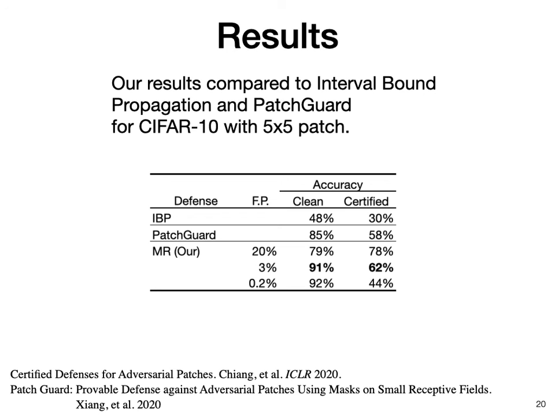If we pick a clean accuracy of 91%, our clean error rate is 9%, while interval-bound propagation's clean error rate is 52%. And our certified accuracy is significantly higher than theirs. Our clean accuracy is 3% above patch guard, and our certified accuracy is 4% above patch guard.